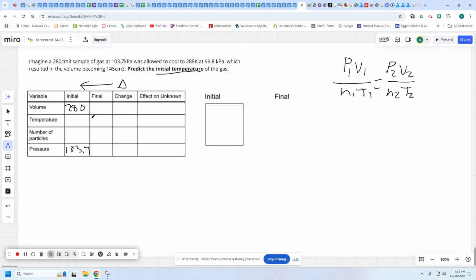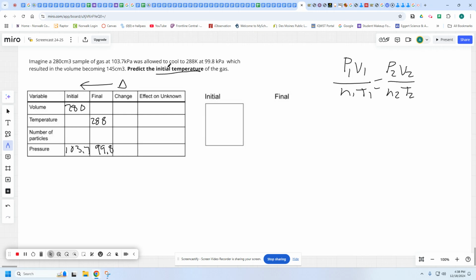So I know that's the final state, so I actually have to put 288 in the final. And then that pressure becomes 99.8. And that conceptually makes sense because if you cool the gas, the particle speed decreases, and the force of the collision on the surface area likely decreases at that point too.